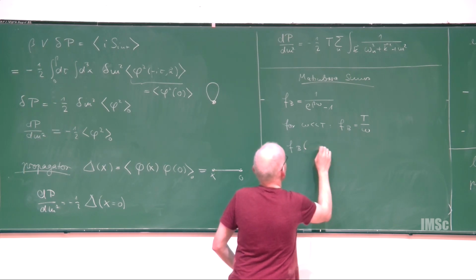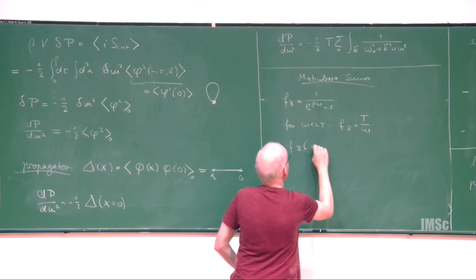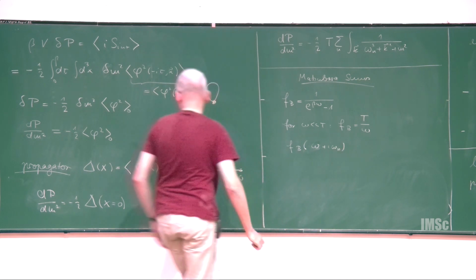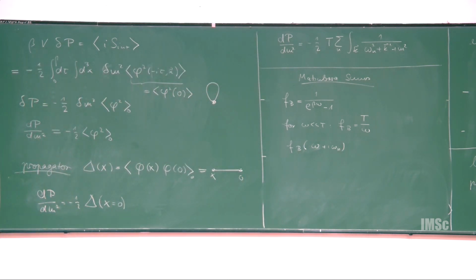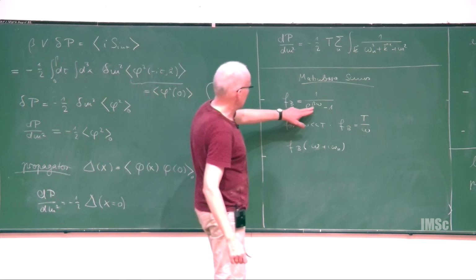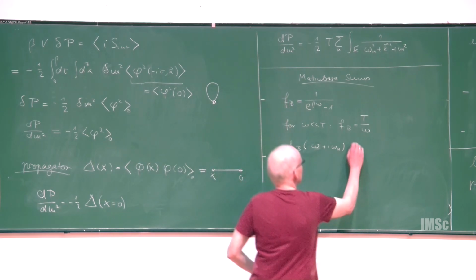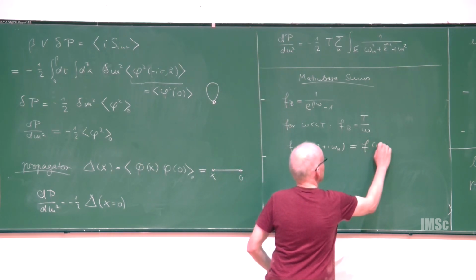In imaginary frequencies, f Bose of omega plus i omega n: if I take one of these Matsubara frequencies, then e to the i beta omega n is 1. So this is the same as f of omega.